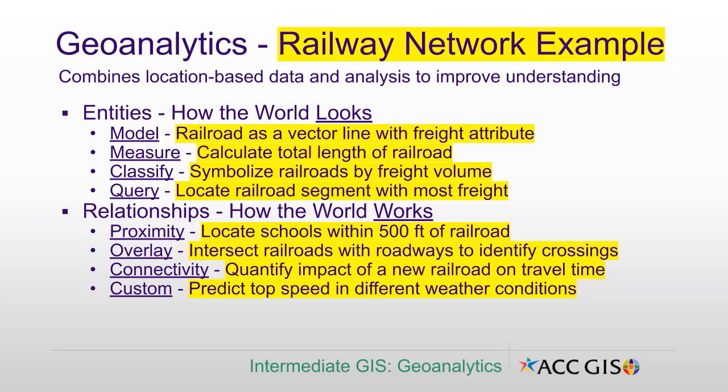We can also look at the connectivity by quantifying the impact a new railroad might have on travel time. Or even a custom analysis, like, for example, predicting top speed in different weather conditions to minimize the chances of derailment.